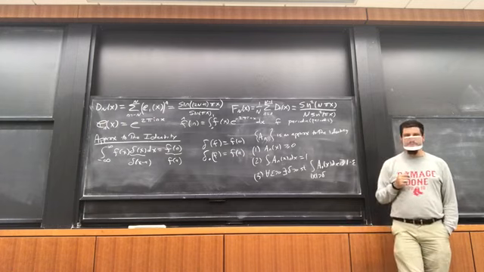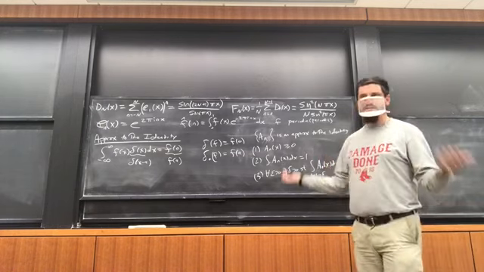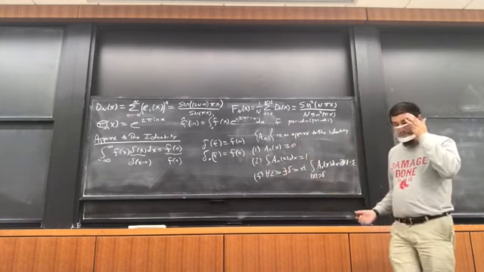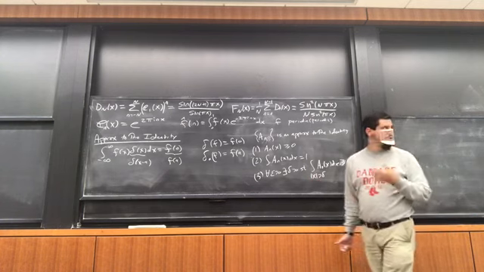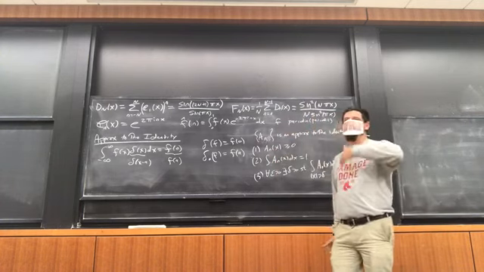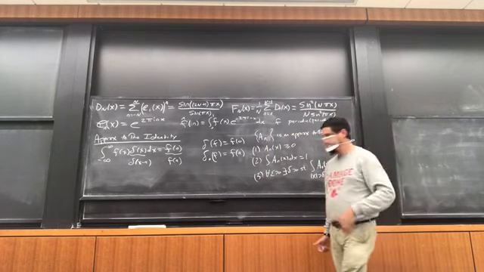I'm being a little bit vague in terms of whether I'm working on the interval 0, 1, negative a half to a half, or negative infinity to infinity. If I'm doing the interval 0, 1, I'm almost surely doing it by looking at a periodic function. So looking at the interval 0, 1 is the same as looking at the interval negative a half to a half.